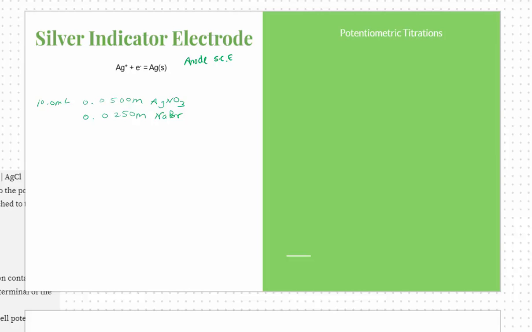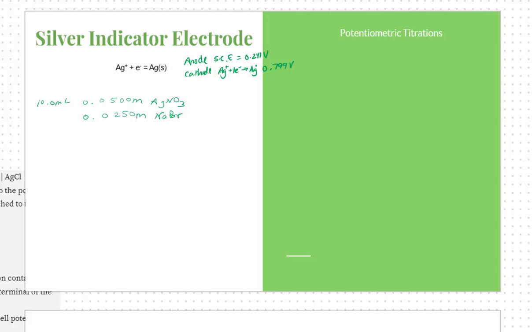So that means the anode standard reduction potential is 0.241 volts. The cathode for this particular cell is going to be our silver indicator electrode. So the cathode is going to be Ag+ plus 1 electron reacts to form Ag(s). And that has a standard reduction potential of 0.799 volts. We need that information.